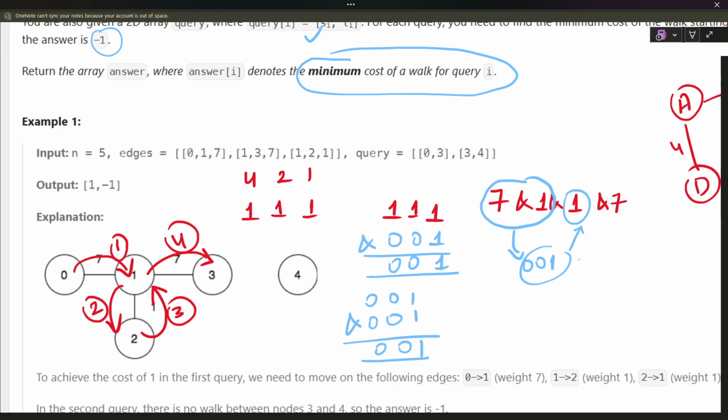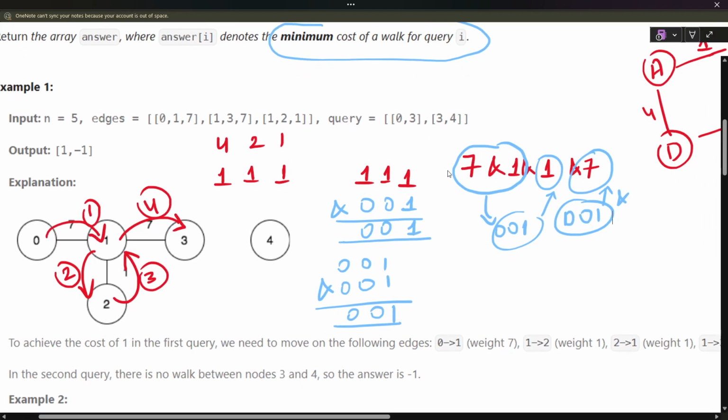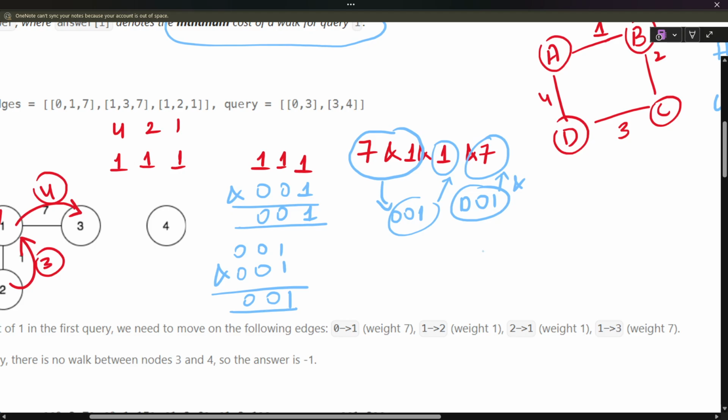So again we got 1, 0, 0, 1. Right? Then we do AND again with this one. I am just doing the dry run. If you do it once, it will also give you the answer. Just to make sure how things are happening, I am doing it like this. So what will be the answer? One, then we have zero. Right? So this is our answer for this part.